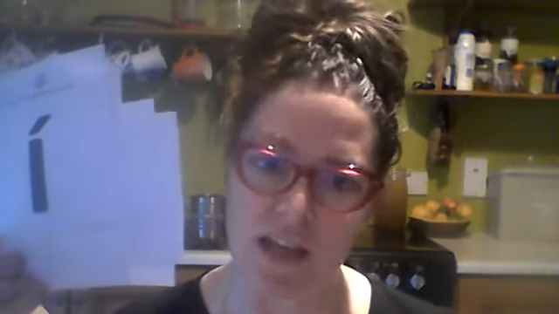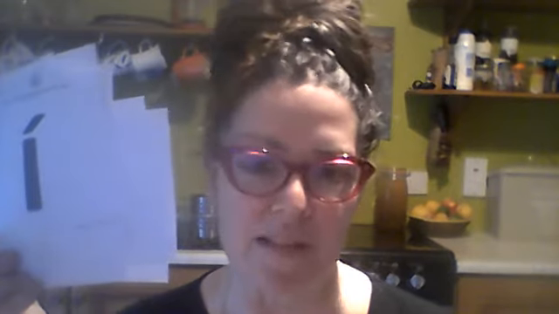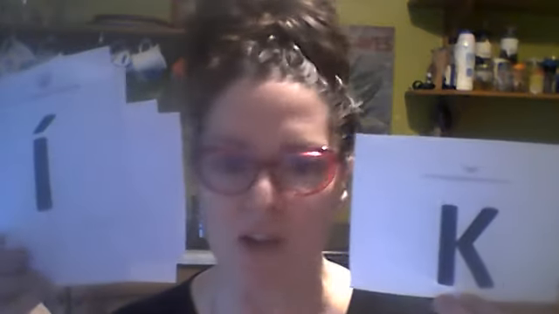Now, there are a few words that have slipped into the Irish dictionary, I suppose, that begin with a J. For example, you might have the word for job being spelled jab, and it has slipped in. But traditionally, it's not there, and there are not many words that you will see beginning with J in Irish. So, K, we don't have a K in Irish. Remember we have our K sound coming from our C.